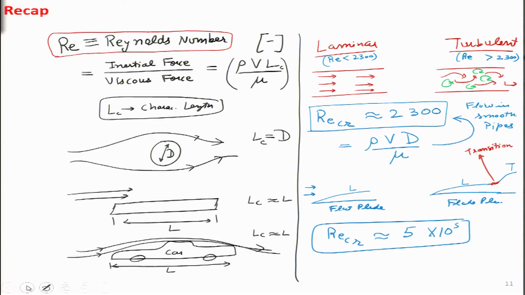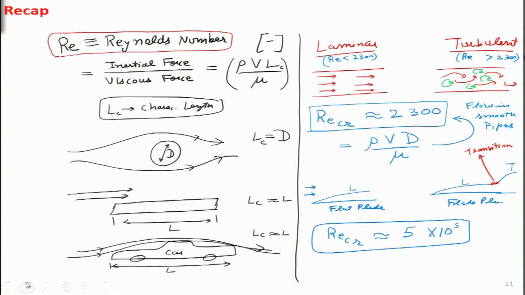Two slides back we saw a very good example of that yellow color dye being dispersed, and this is something we can see in a normal room as well. If I light up some sort of agarbatti over here, then the smoke which comes out of it would gradually and uniformly fill the whole room, and that is a very good example of mass diffusion. So mass, momentum, heat, they all dissipate or diffuse in the same way.